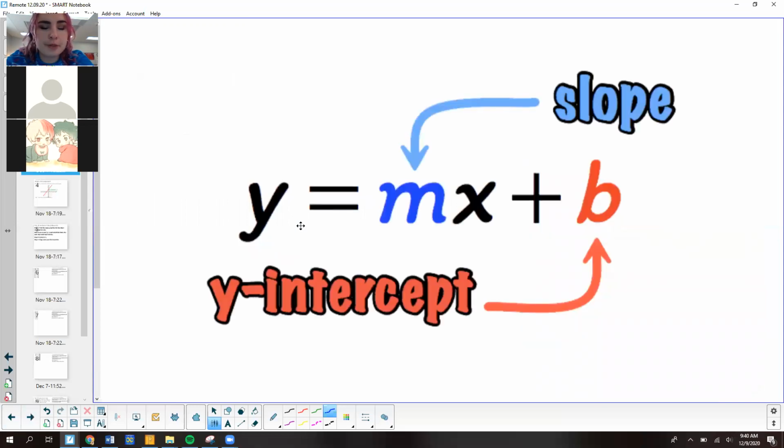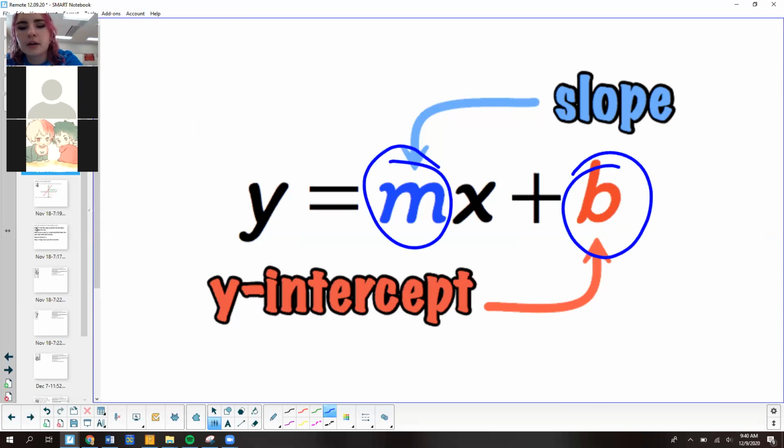I know I've been doing it every day, but I'm going to be annoying about it until everybody understands that when we talk about y equals mx plus b, m is your slope, b is your y-intercept. This x and this y represent any point on your line. That's why they're variables. Typically in a y equals mx plus b format, we would have a number for m and a number for b, and these would be left as x and y.